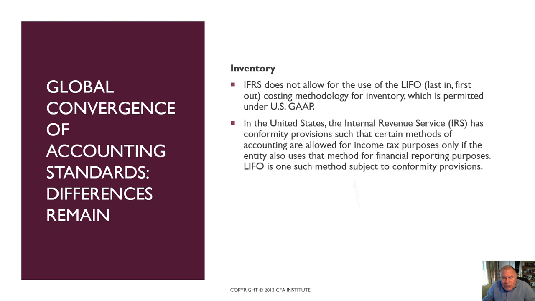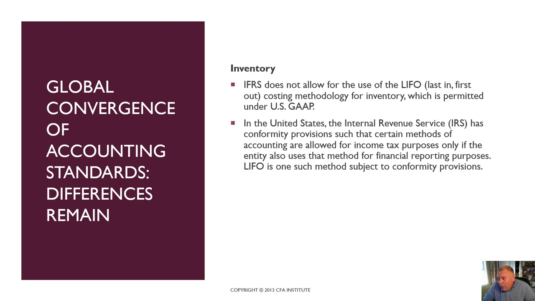In the U.S., the LIFO method is really from a tax perspective or policy perspective. They say to companies, you can use LIFO, however, you have to use it for financial reporting also.